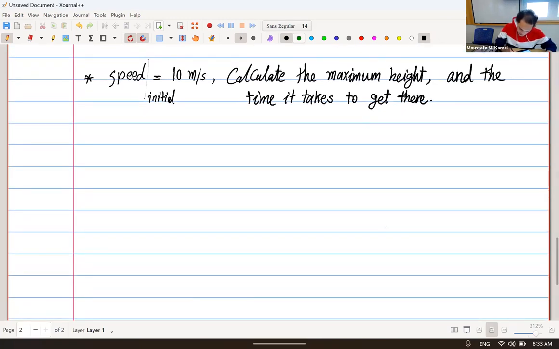So let's say this is the ball at the beginning, moving with speed 10 meters per second upwards. And this is the final position, and this is the height I want to calculate.